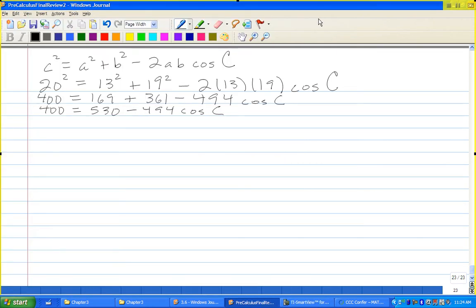Okay, good. And so you get that 494 cosine C is equal to 130.